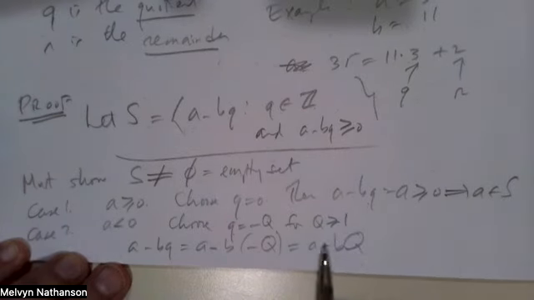And what is this? So B we know is positive. Q is positive, but A is negative. But A is fixed.